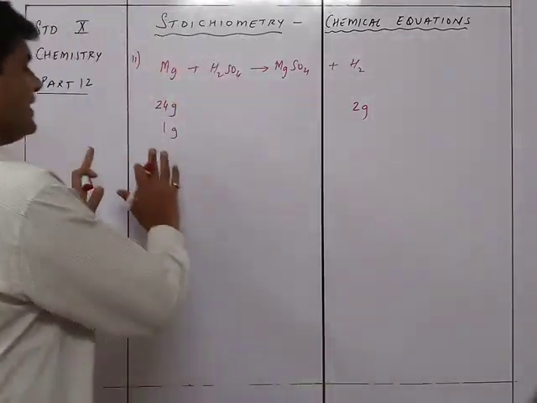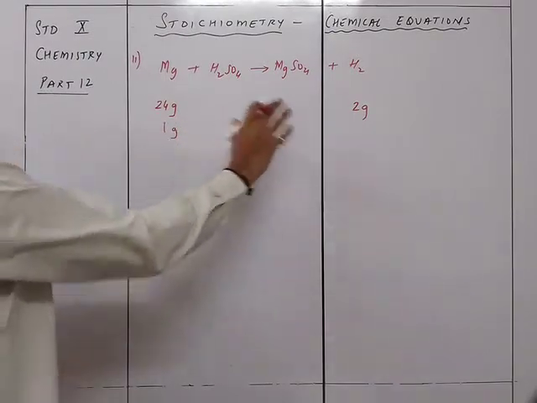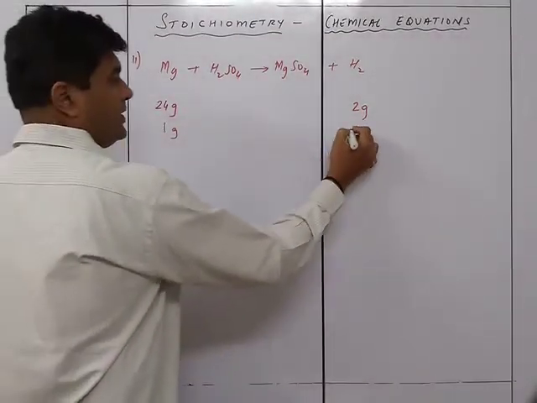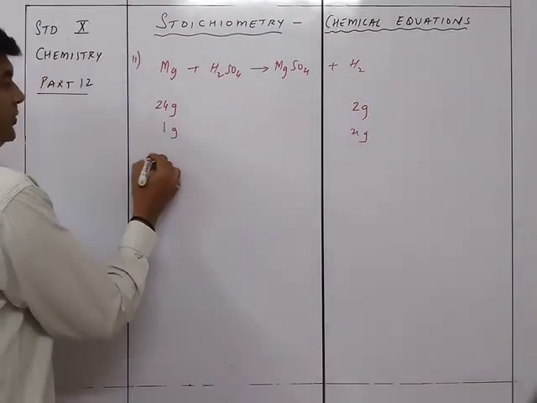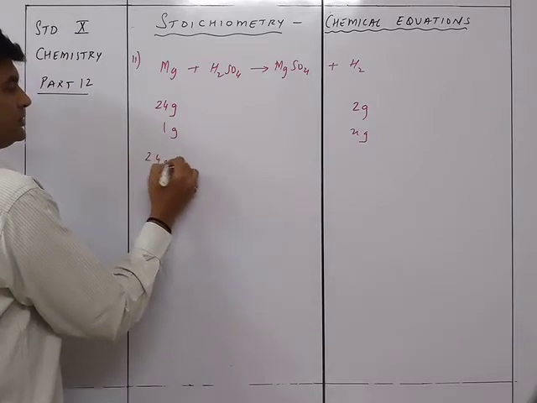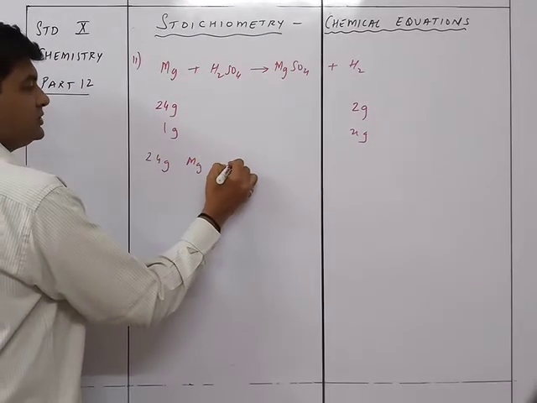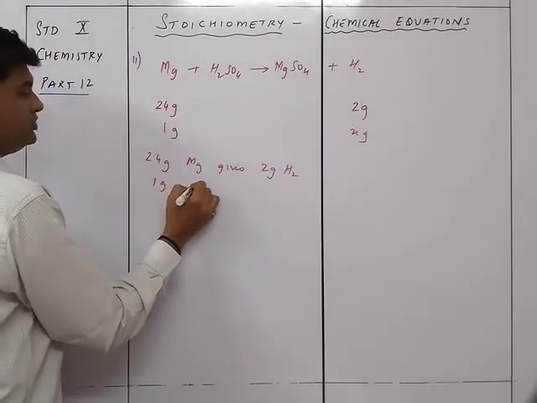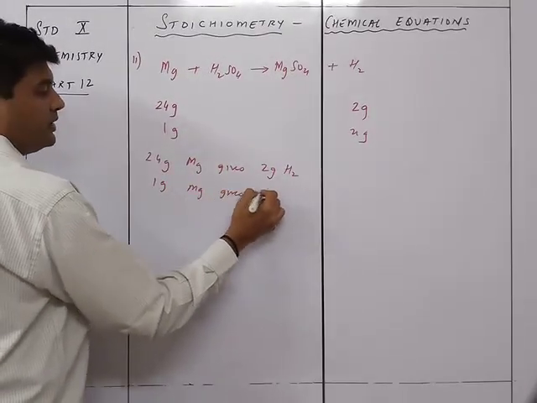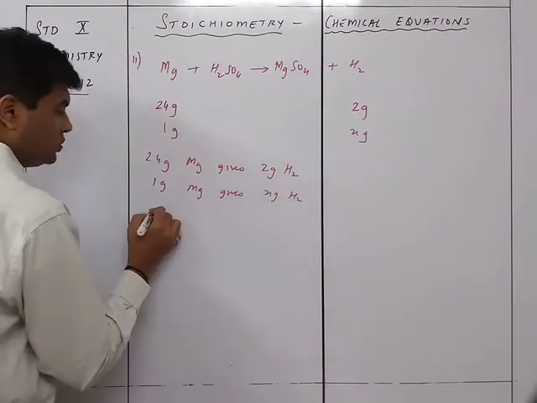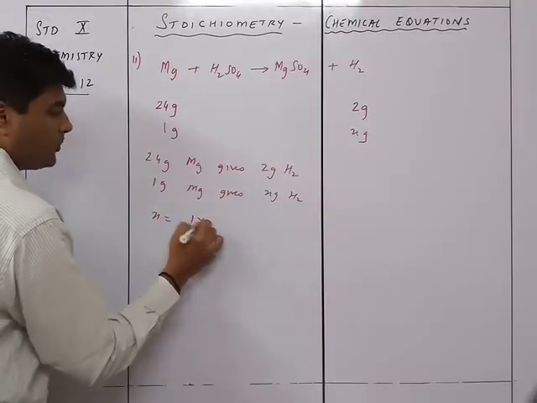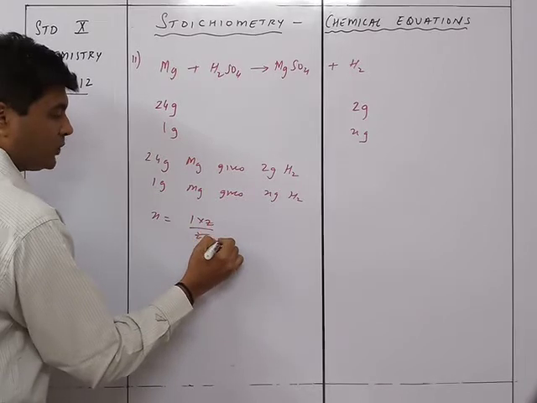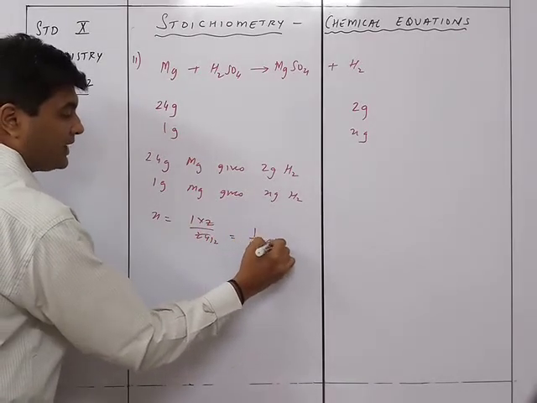So first of all, we'll say if it is pure, then how much it will give you. So it will be x grams. We know that 24 grams Mg gives 2 grams H2. So 1 gram Mg gives x grams H2. So x is equal to 1 into 2 upon 24, that's 1 upon 12 grams.